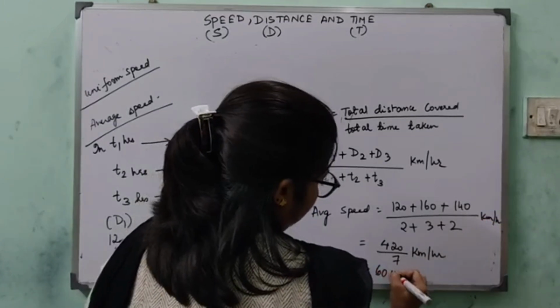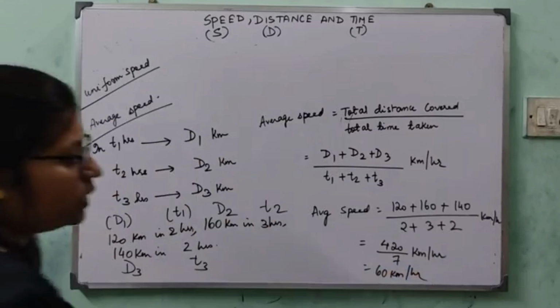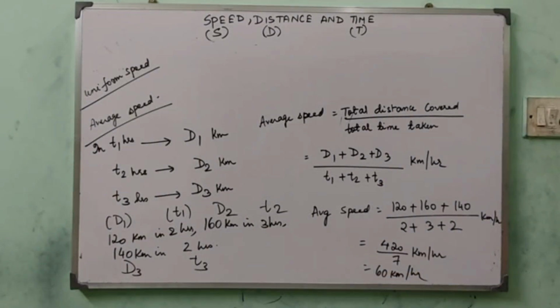It is 60 kilometer per hour. So that means the average speed of the train will be 60 kilometer per hour.